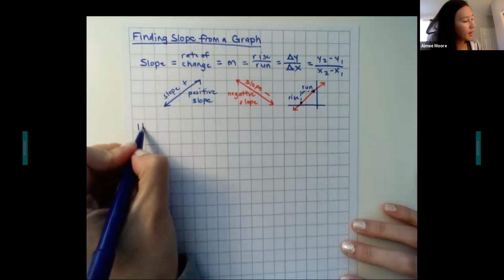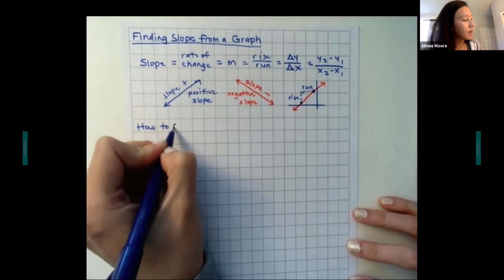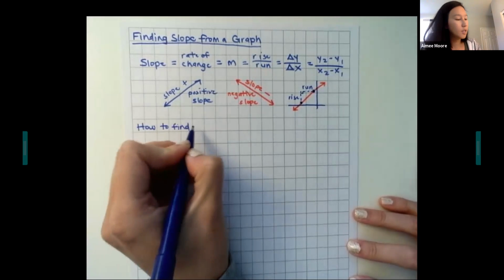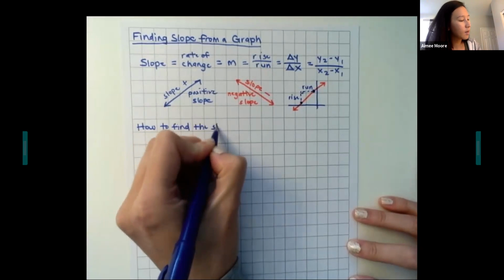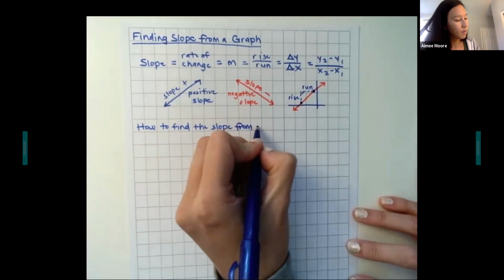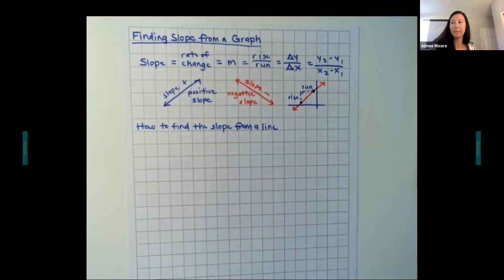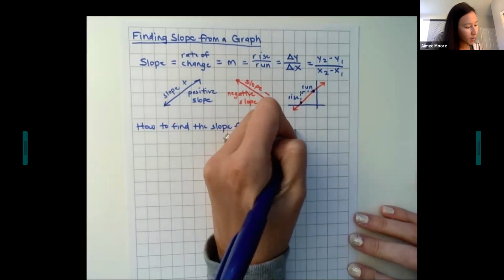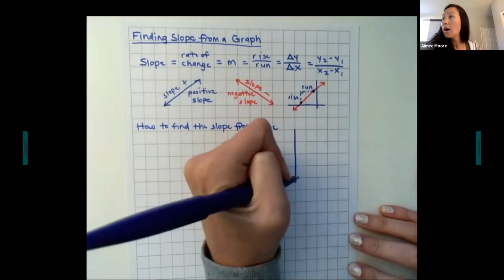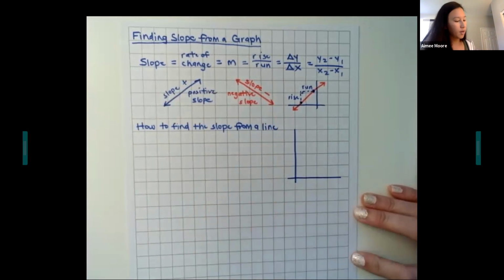Okay, so now we're going to get into what you're going to be doing on your assignment: how to find the slope from a line. First, we're going to have to sketch our own graph. Of course, on your assignments, they'll be given to you. So go ahead and do 4 boxes and 4 boxes.